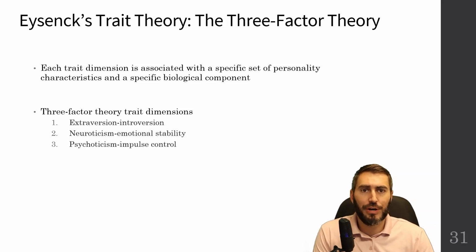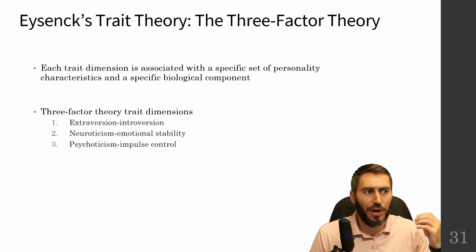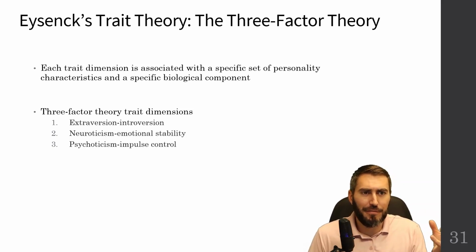And really what these trait theories do is they try to take specific traits or pieces of personality and put them on scales or linear perspectives, with one kind of focus or one kind of behavior on one end and another kind of behavior on the other end.